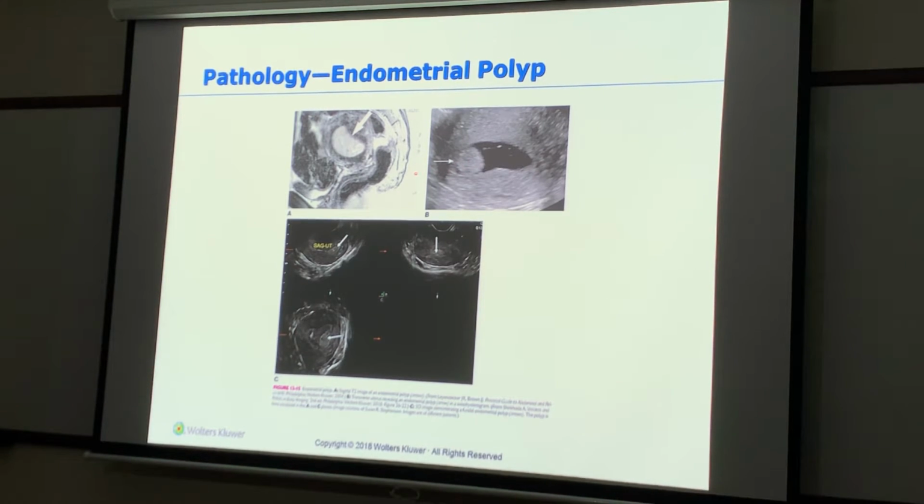Endometrial polyp. What exam did they do to see this? It's an invasive procedure. Because I normally don't have this much fluid unless I have more pathologies. A histosonogram. Okay?